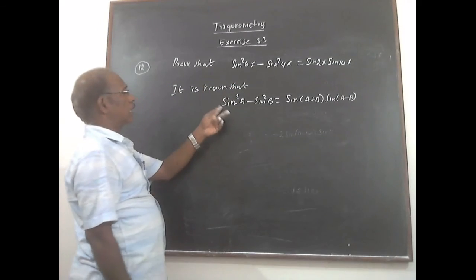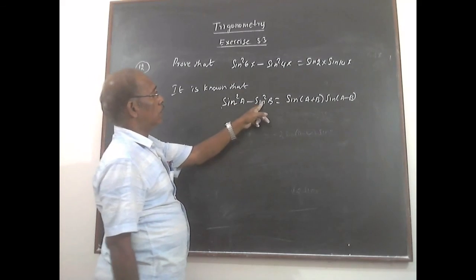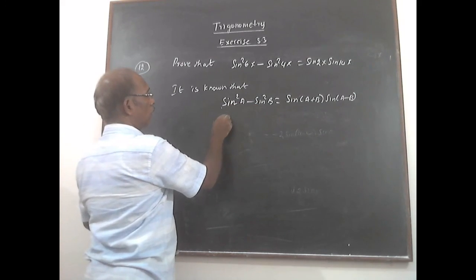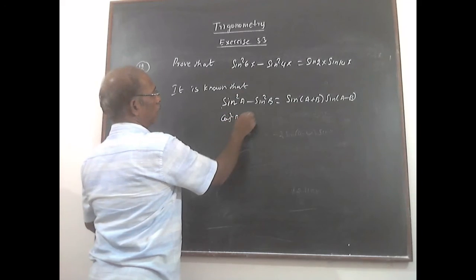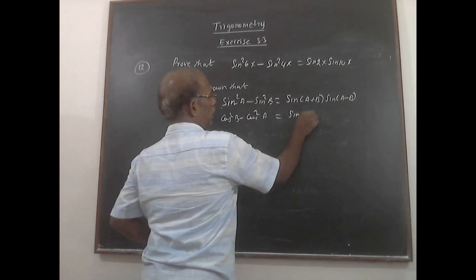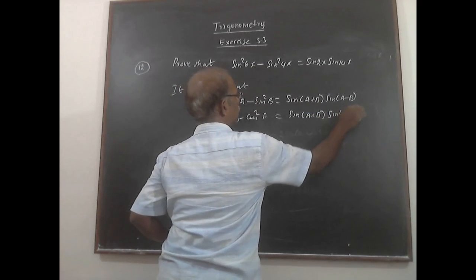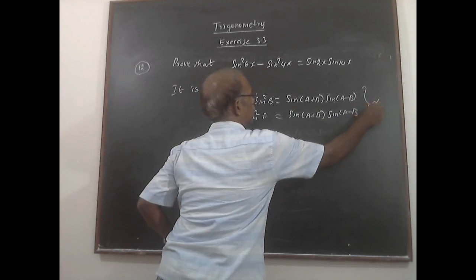If we replace sin square a with 1 minus cos square a, and sin square b with 1 minus cos square b, the same thing, cos square b minus cos square a is also sin of a plus b into sin of a minus b. Remember these two identities.